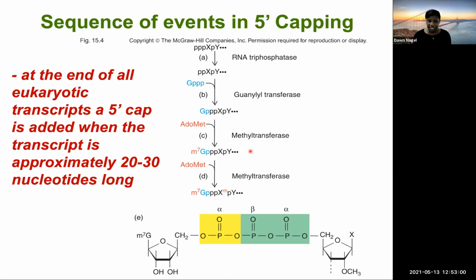So these are the steps again: addition of this 5' cap, which is a guanine, which gets methylated. You know that methylation occurs with methylases or methyltransferases, depending on the context. And this is really occurring when you have 20 to 30 nucleotides that have been synthesized already.